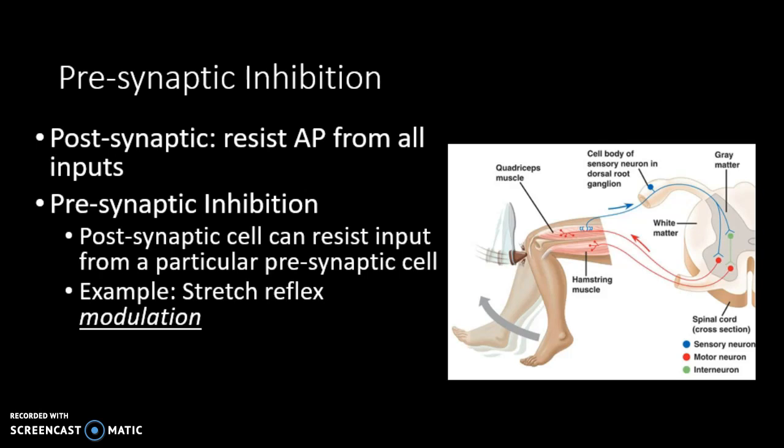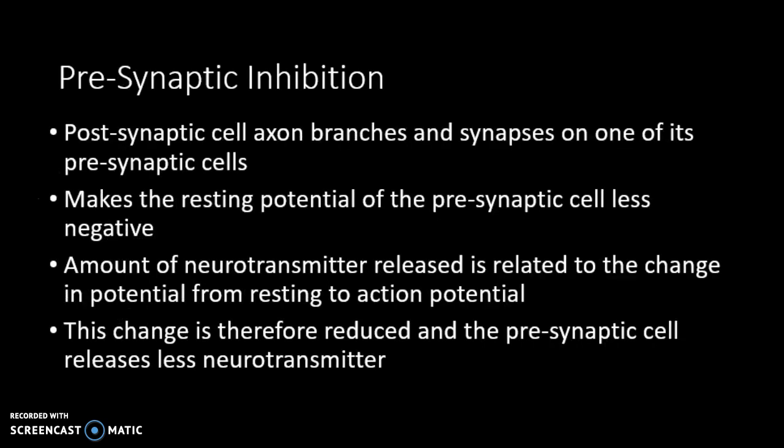We have presynaptic inhibition. Postsynaptically, we're going to resist action potentials from all inputs. With presynaptic inhibition, the postsynaptic cell can resist input from a particular presynaptic cell, again modulating that stretch reflex.